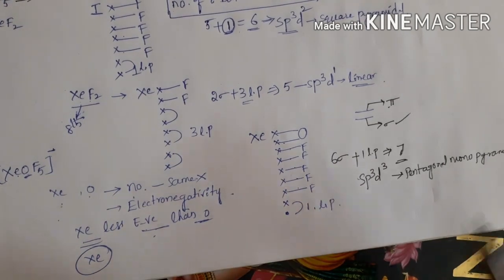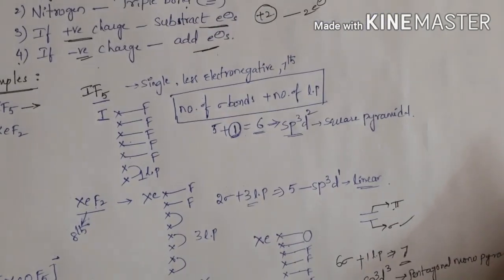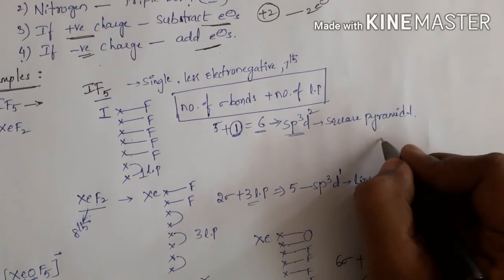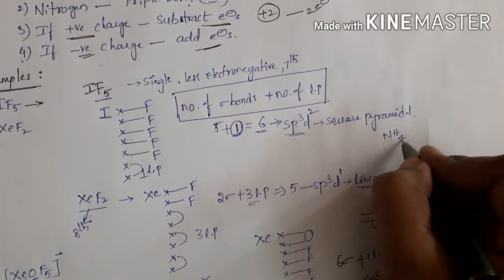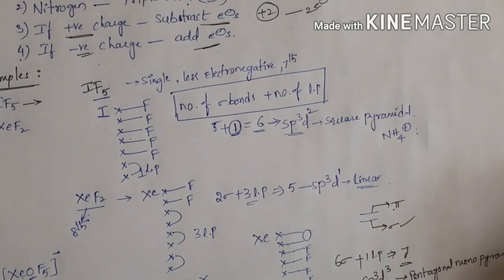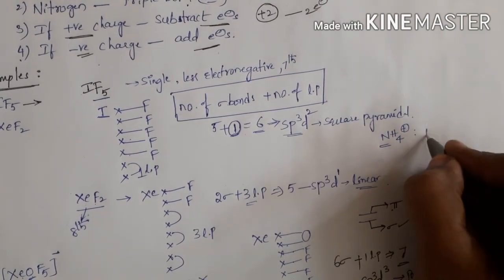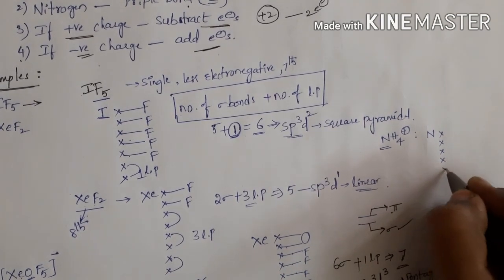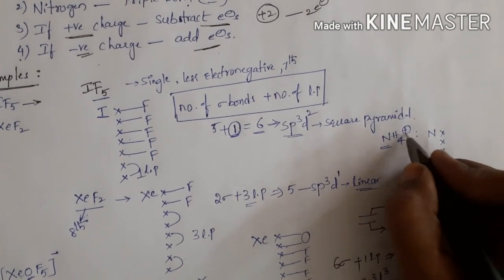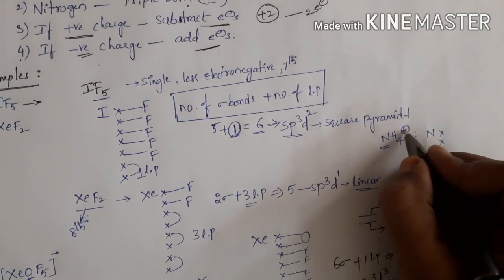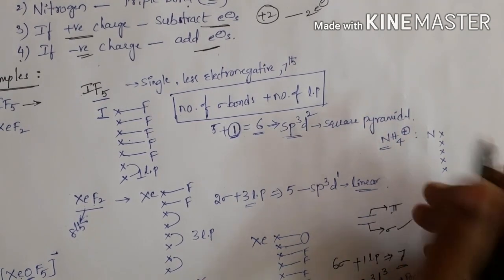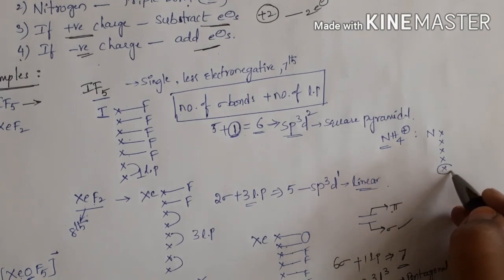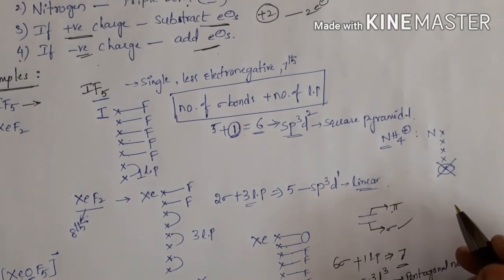Next, the last example, that is NH4 plus. Here I am writing the fourth example, that is NH4 plus, the ammonium ion. Which one is the central atom? Nitrogen is the central atom. It belongs to which group? 5th group: 3, 4, 5. Is there any charge? Yes, one charge is there. Is it a plus charge or a minus charge? Here it is a plus charge. Plus means subtract that electron. Here I am removing one electron from the group electrons.